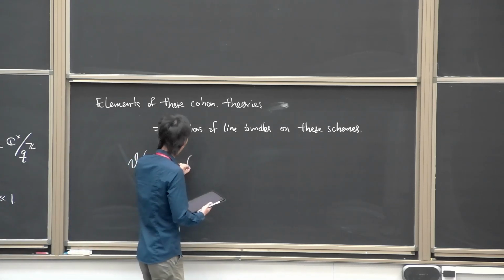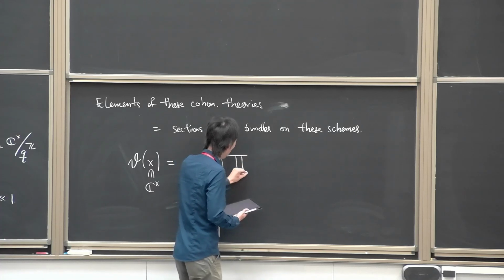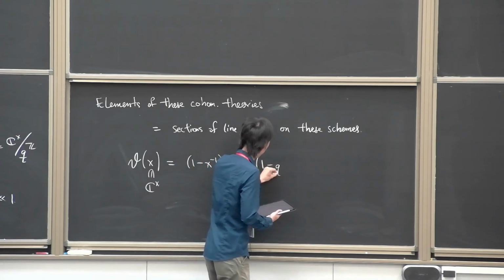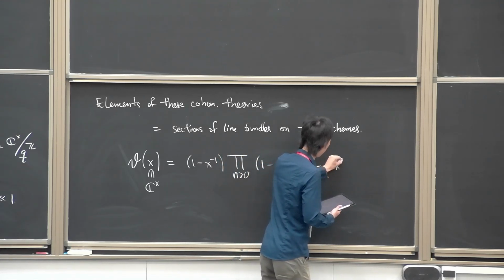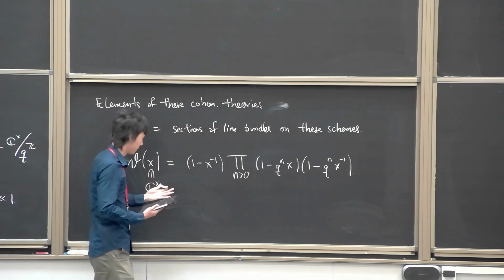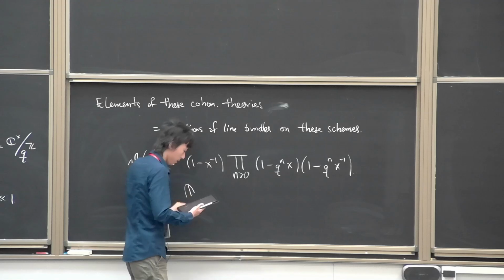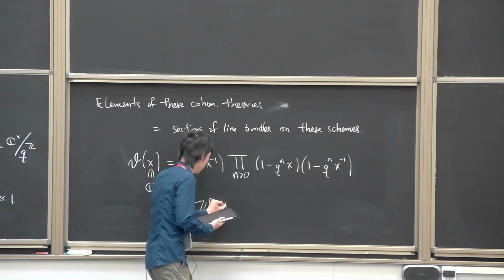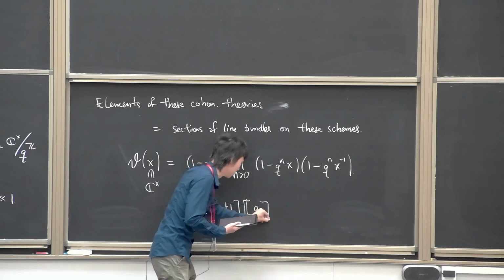So this will be 1 minus x inverse, product as n ranges over the positive integers, 1 minus q to the n x, 1 minus q to the n x inverse. And for now, we're going to treat this very formally. This is some element in the ring valued in Laurent polynomials in X, formal power series in Q.